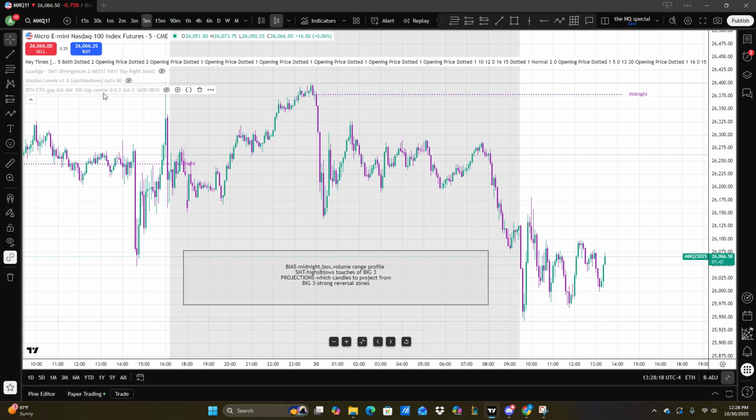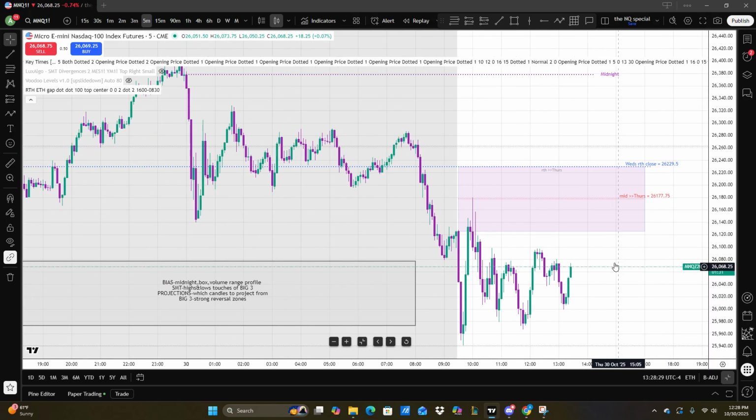I also look at this real-time trading hours gap, right? So essentially, it's a gap that's made from the close of market to the open of market. Half of the box fills about 50% of the time, or half the box fills up to 50% about 80% of the time.